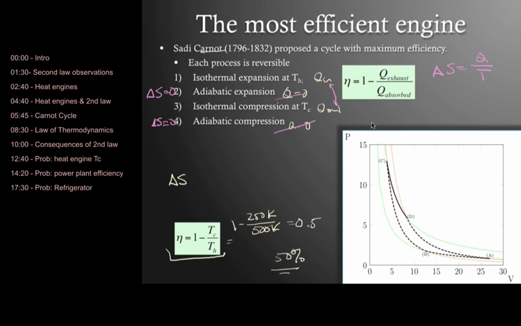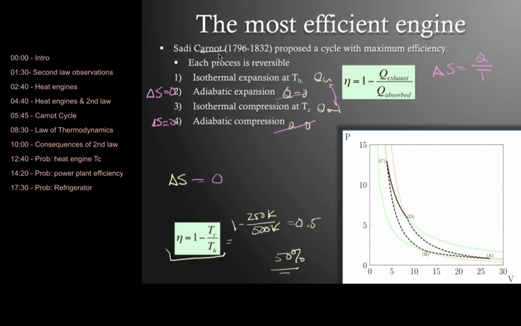So we basically add entropy to the system one time, and then we subtract entropy from the system at the other step. So the net change in entropy for the Carnot engine is 0. This is why it's the most efficient. If you did some other process, then the net entropy of the cycle would not be 0.